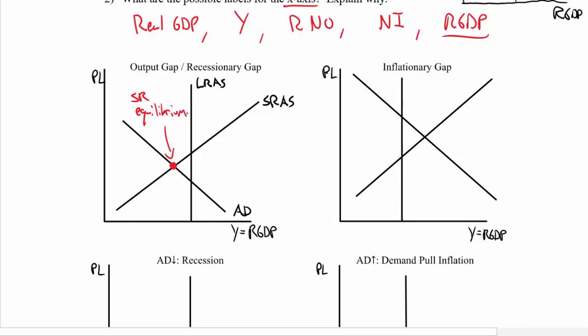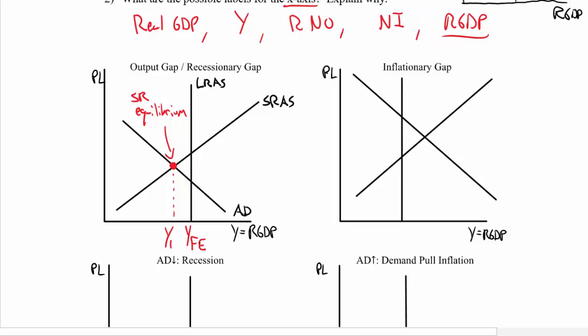So currently, we are not in our long run equilibrium. If all of our lines crossed right here, just like we had up above, then we would be in that long run equilibrium. But we're currently not there. What we have now is an output that is less than our full employment output. So I'm going to have this as Y1, underneath my long run aggregate supply. I'm going to have Y at full employment, so YFE for our full employment output.